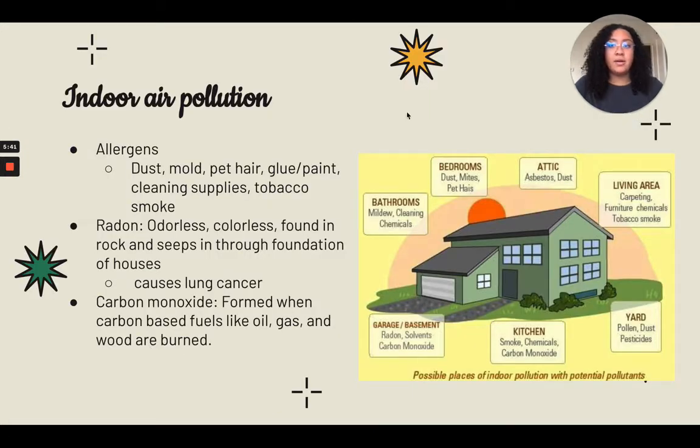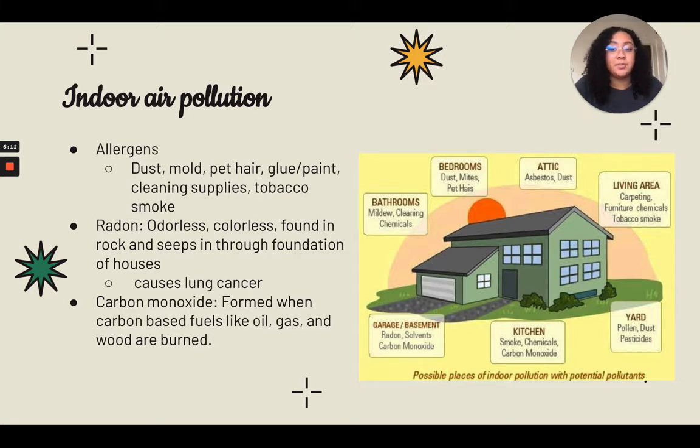Okay, so now let's talk about indoor air pollution. So typically when we think of air pollution, we think about the outside, but there's also things on the inside of our homes that can affect us. So there's allergens, which can include dust, mold, and pet hair. So if you have some pet hair, you could be allergic to those. So glue and paint, cleaning supplies are all harmful to us, and even tobacco smoke.